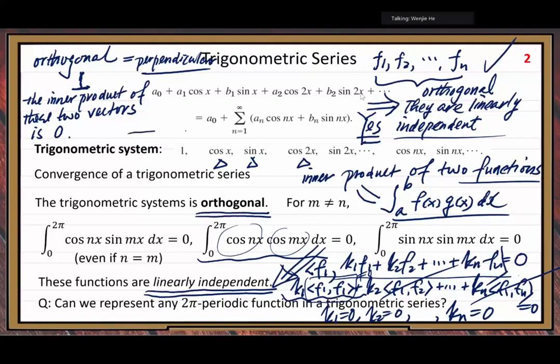So let me draw a figure of this function. Later we will see that. Suppose the function is discontinuous at one discontinuity point. The function is like this. So here you see a discontinuity point.